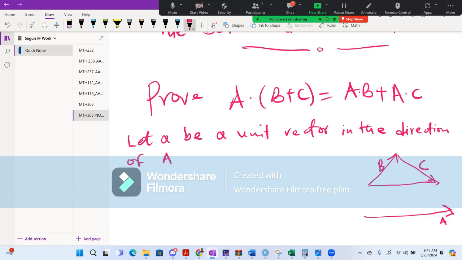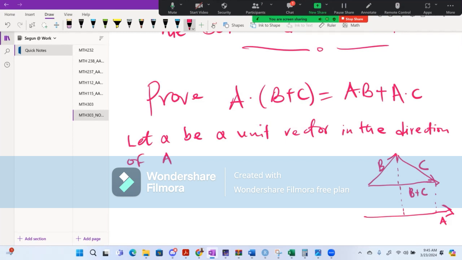Then at this point, we can say we have our B plus C. What happened to this angle? Then what happened to this point?